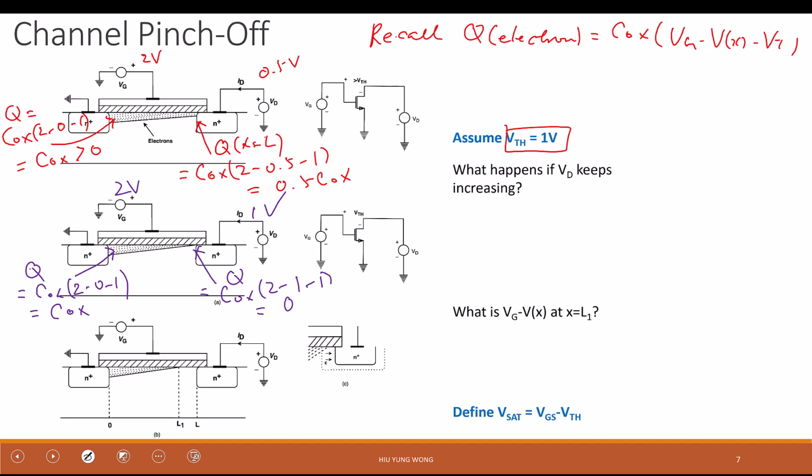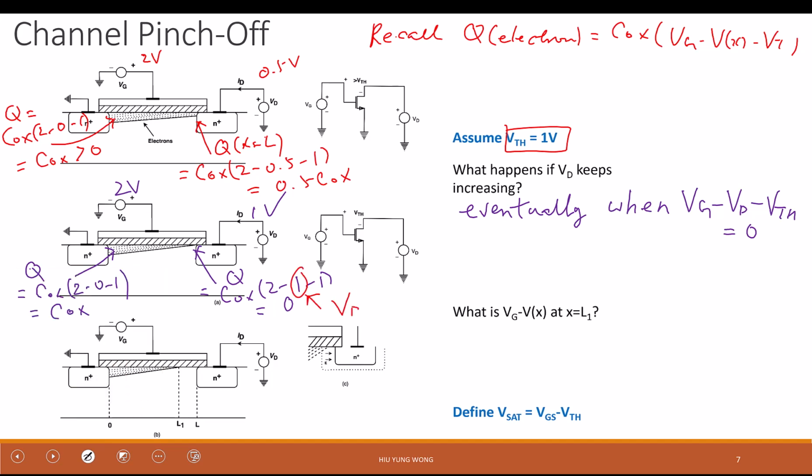We'll study later whether there is any current flow. That's a very good question. But there is no charge at the end. So that's my question. We'll keep increasing, and eventually, when Vg minus Vd minus Vth equals 0, Q at X equal to L is 0. You need to recognize this: how do I get this 1?